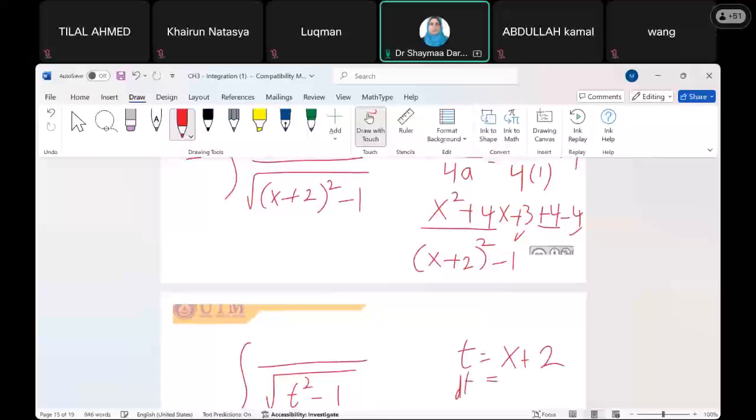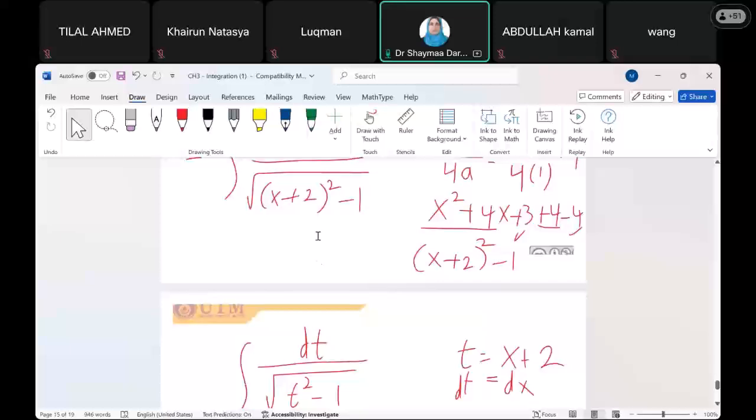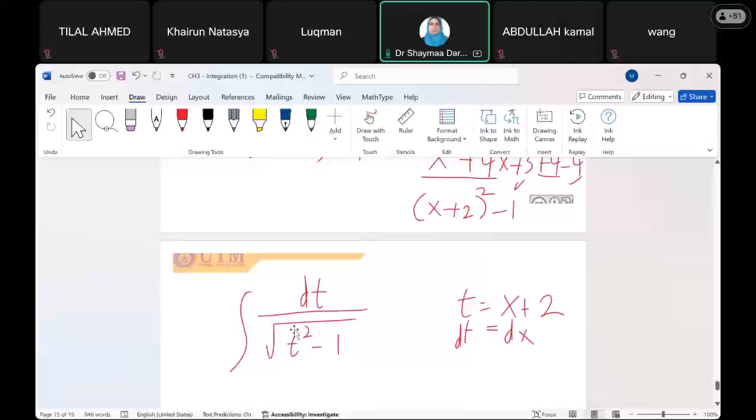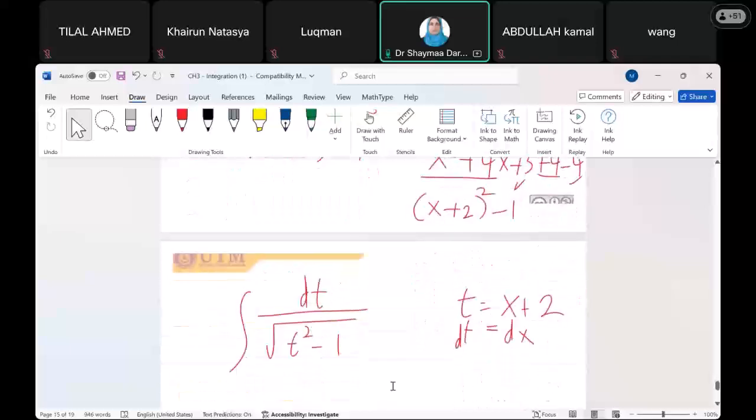So dt over the square root of t squared minus 1. This is a kind of formula.